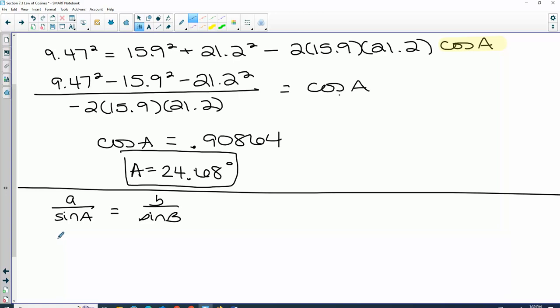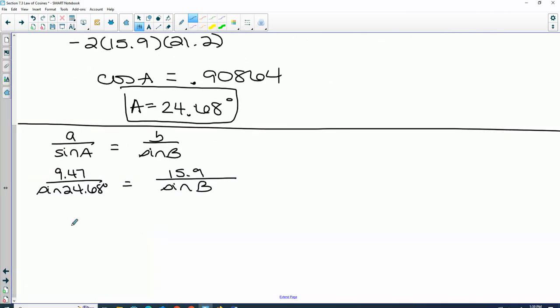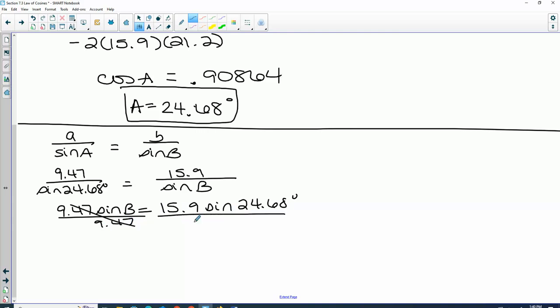So side A was 9.47. For the sine of 24.68 degrees equals side B, 15.9, over the sine of angle B. Cross multiply, divide by 9.47.